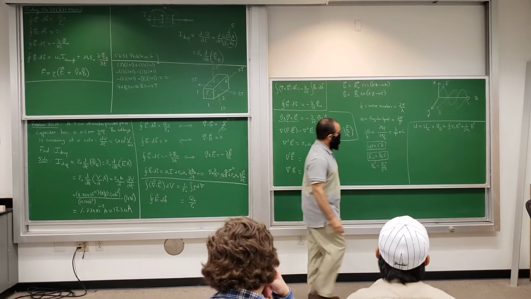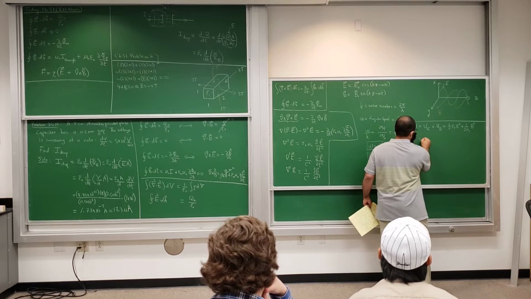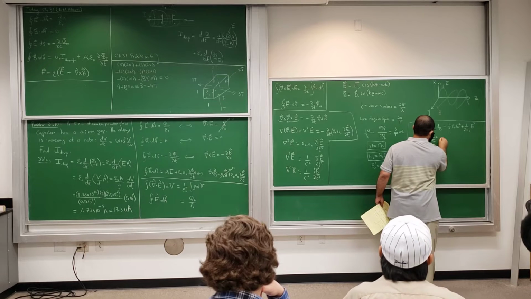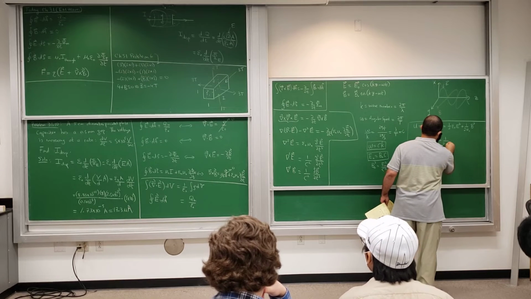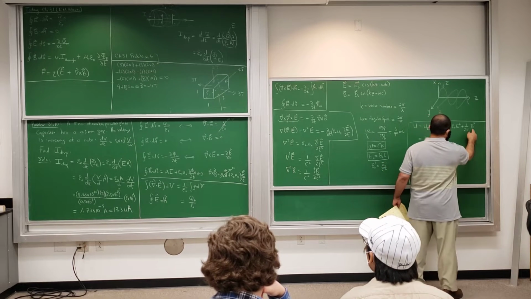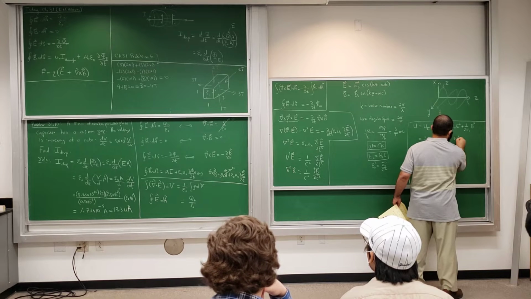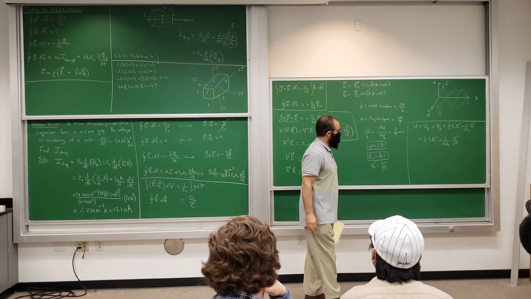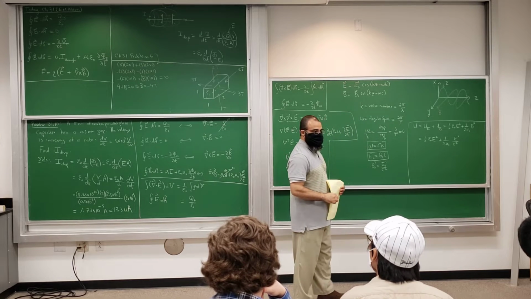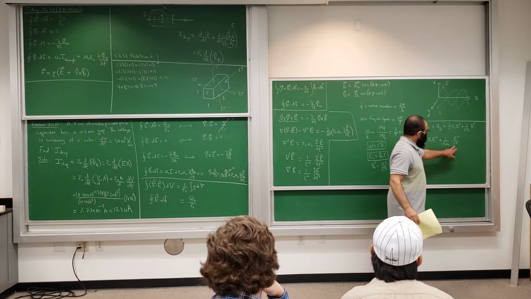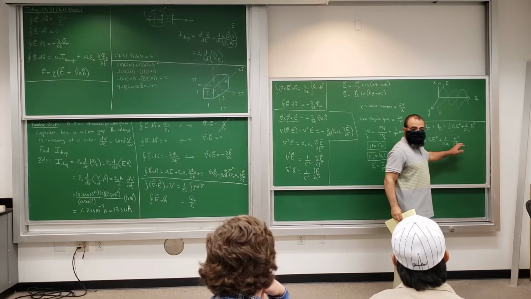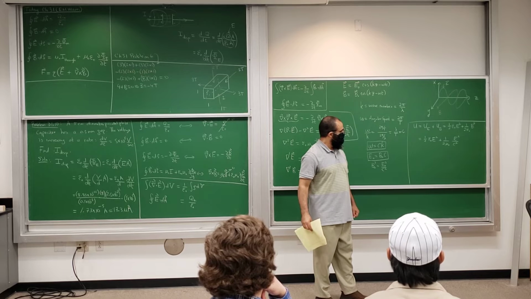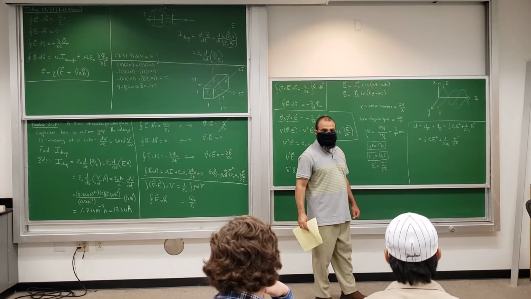So you would have 1/2 epsilon naught E squared plus 1/2 mu naught B squared, but B squared is E squared over C squared. But mu naught times 1/C squared is actually just epsilon naught.